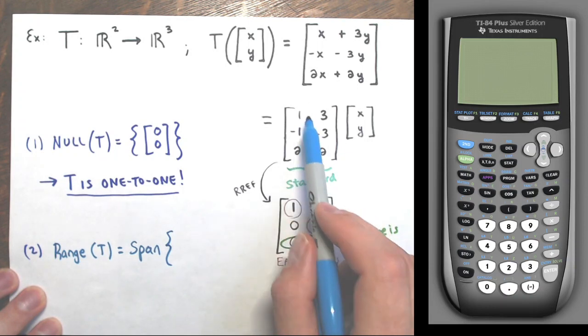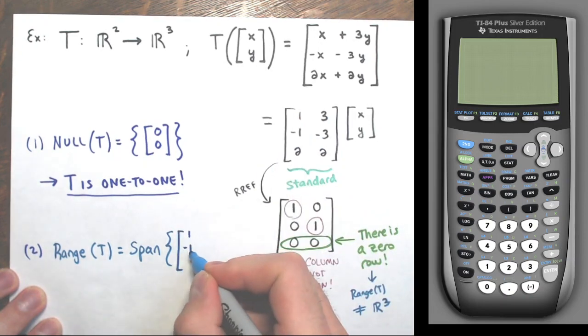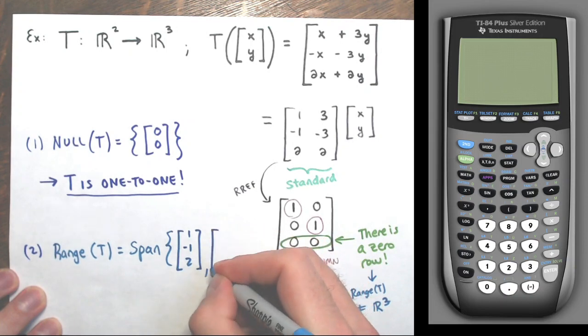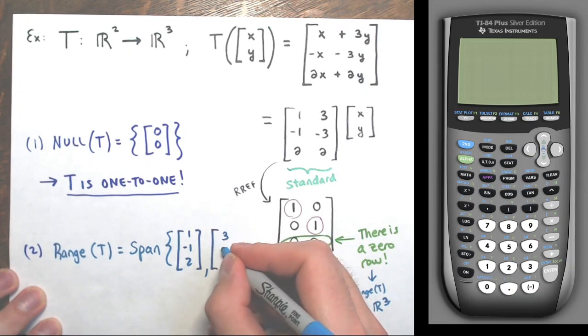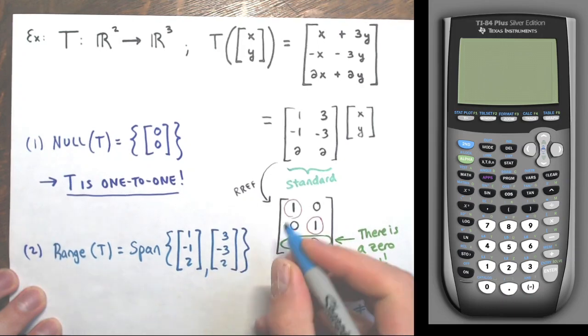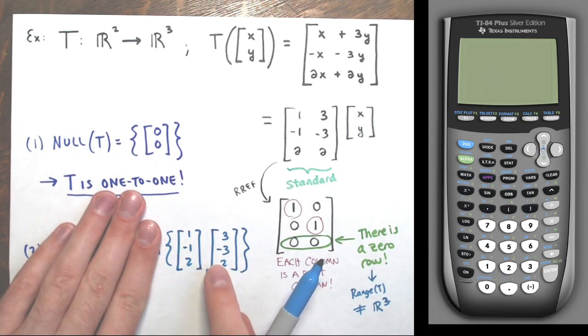So these columns from the original matrix, the vector 1, -1, 2, and the vector 3, -3, 2, right? Just that set of vectors would form a basis for the range.